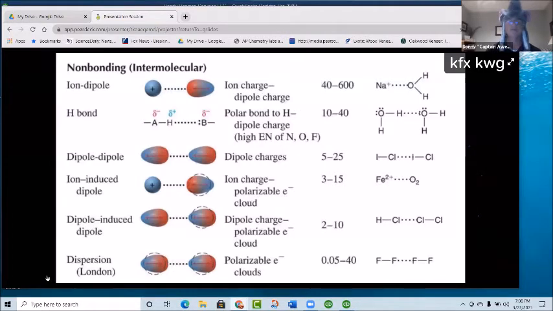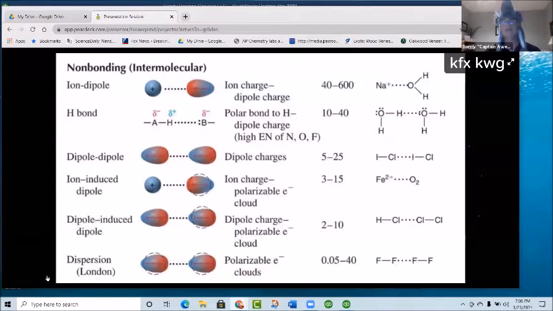Those are things that are polar only for a brief moment, and then it's gone. So these are not constant polar attractions. These are instantaneous polar attractions, meaning it's there for an instant and then it's gone. And we call those London dispersion forces.